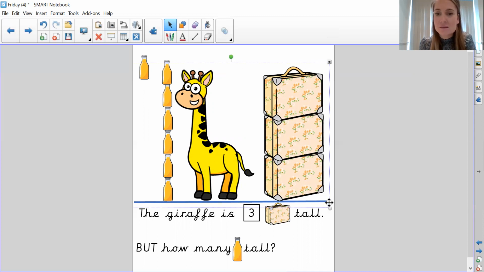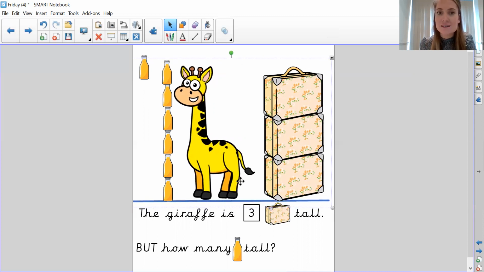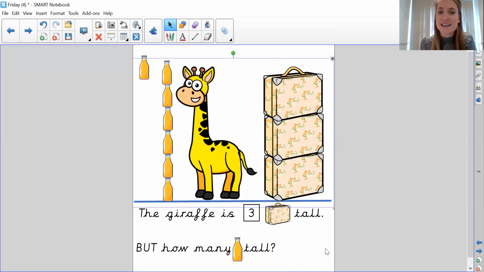Let's make it a bit bigger. Okay, 6, isn't he? So let's say the giraffe is 6 bottles tall. 1, 2, 3, 4, 5, 6, 6 bottles tall.